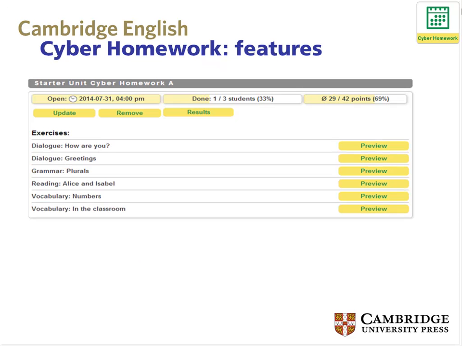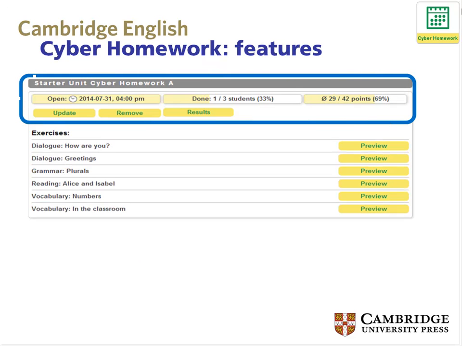Now, in CyberHomework, you have certain features that make it very interesting. For example, you can assign that activity to your students so when they open up their account, when they open up the resource, they would be able to see that they have an assignment for the class.